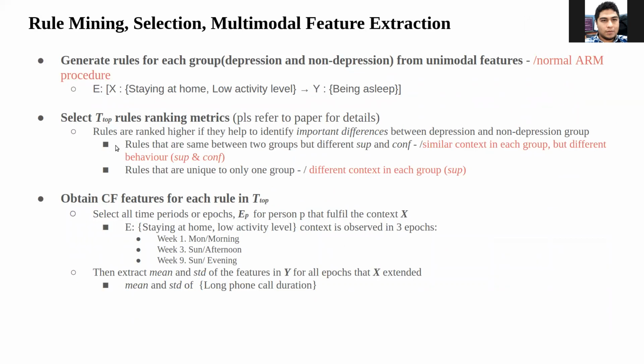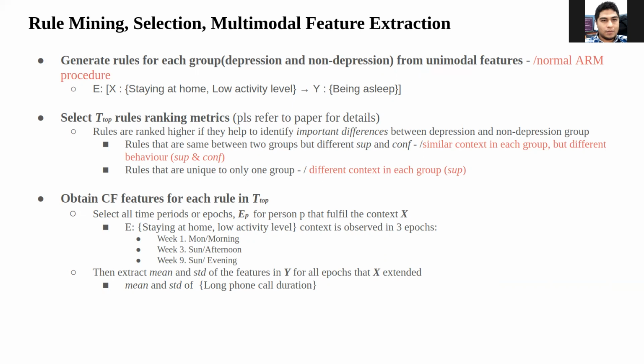Having said that, now let's see about rule mining and selection and how they extract contextually filtered features. Simple association rule mining, without any modification, is applied to each epoch separately.